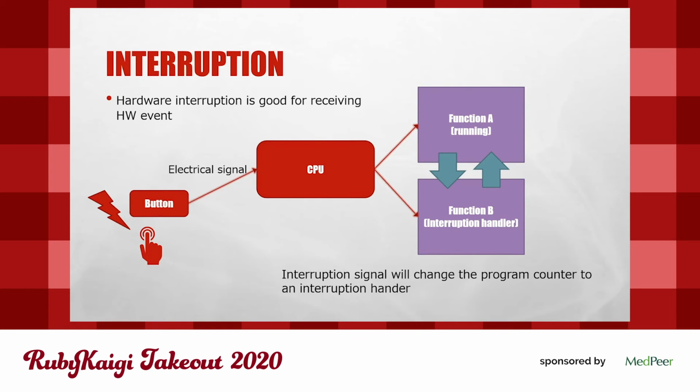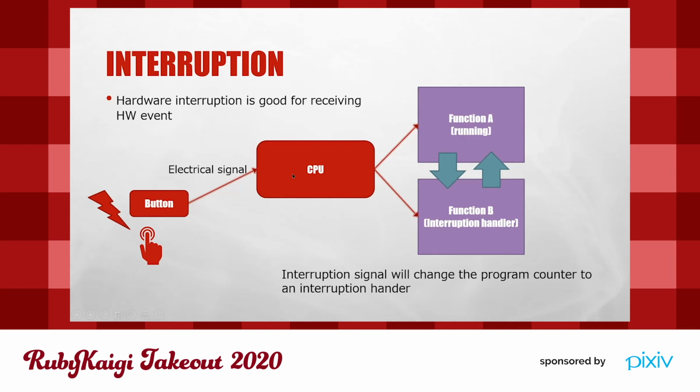So I want to focus on the interruption. I'd like to explain the hardware interruption. So, for example, the CPU has the interruption function. If a button is connected to the CPU using the circuit line, if somebody presses the button, then an electrical signal is sent to the CPU.